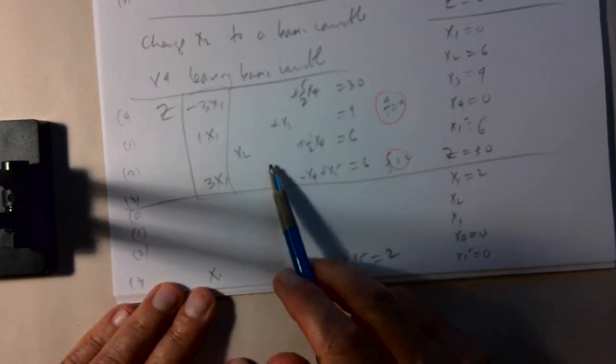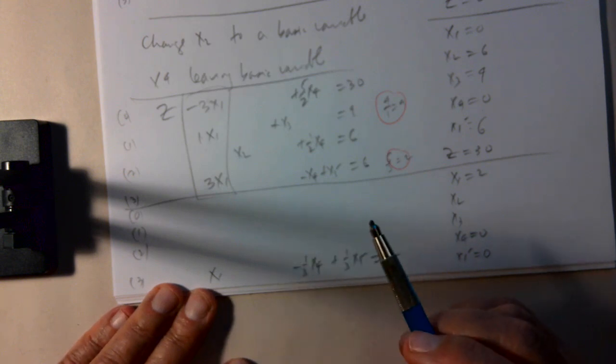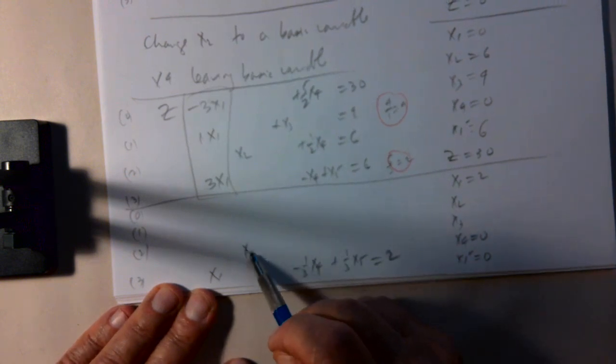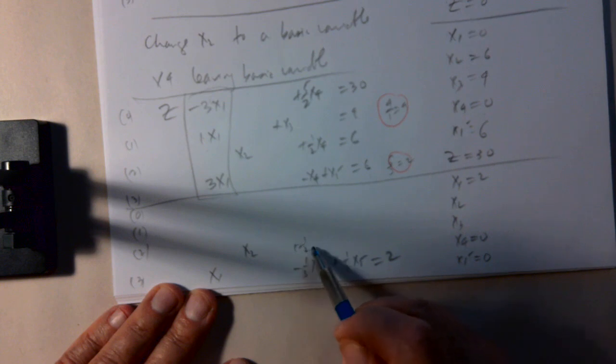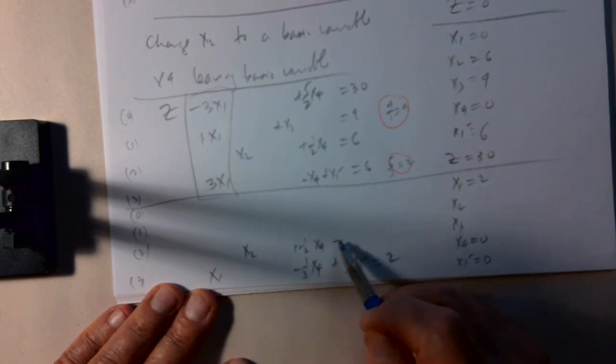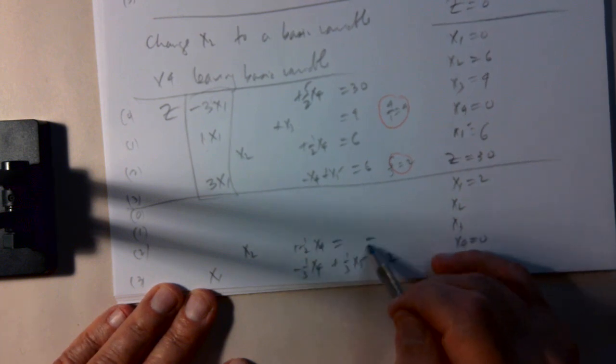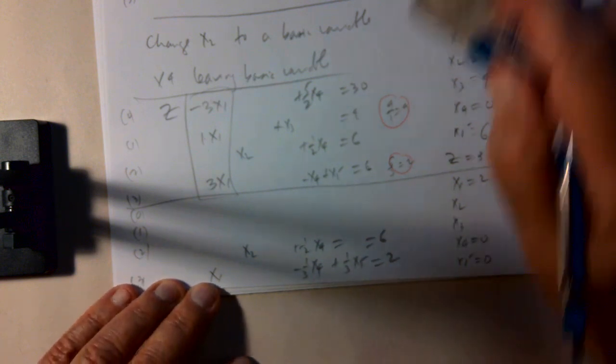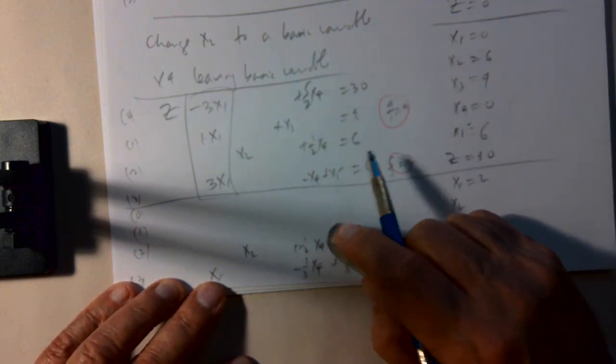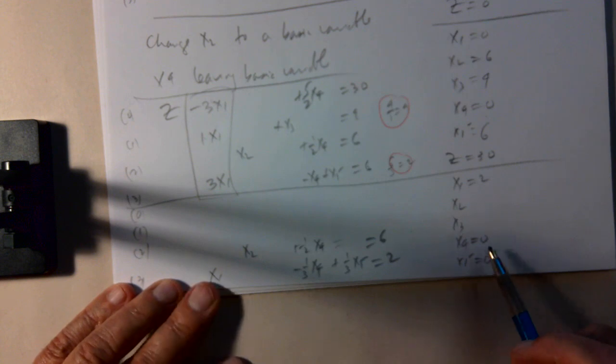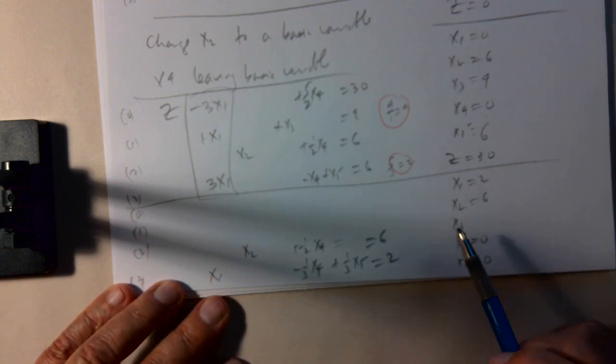And equation 2, I don't need to change. That is x2 plus 1/2 x4 equals 6. x4 is 0, so x2 is 6.